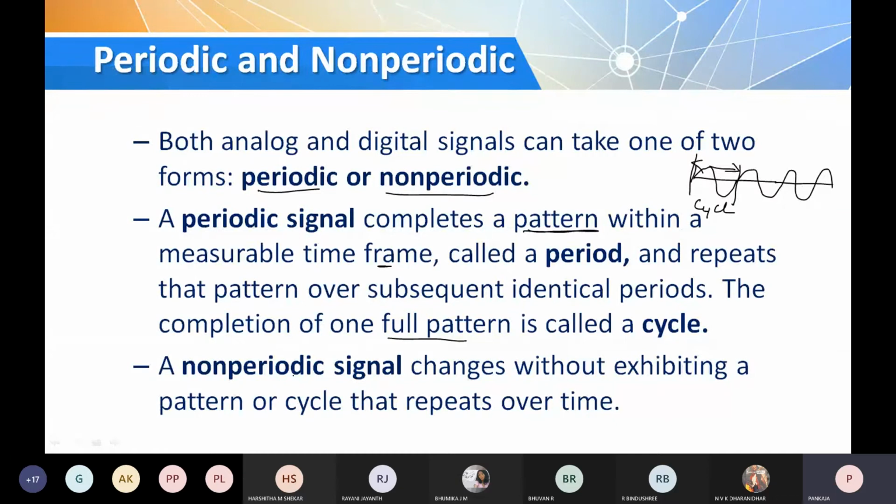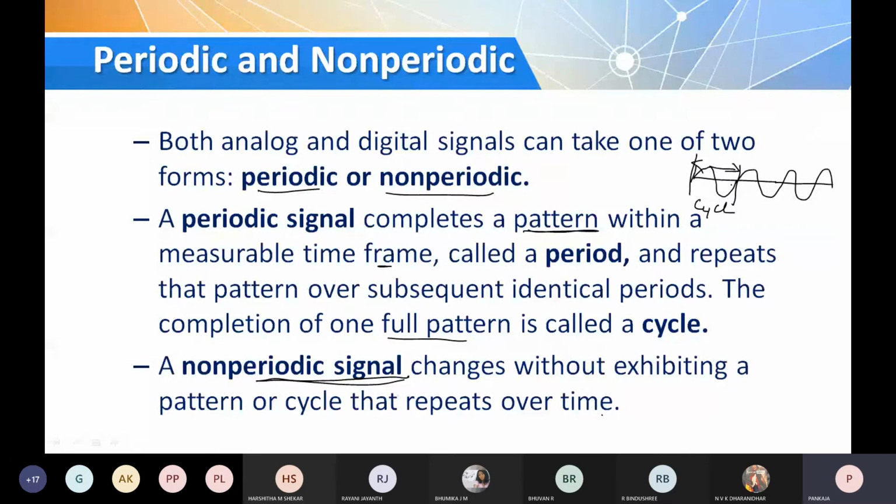Next we have the non-periodic signal. It indicates changes without exhibiting a pattern or a cycle that repeats over time. Here it does not have any particular pattern or cycle that repeats over time.